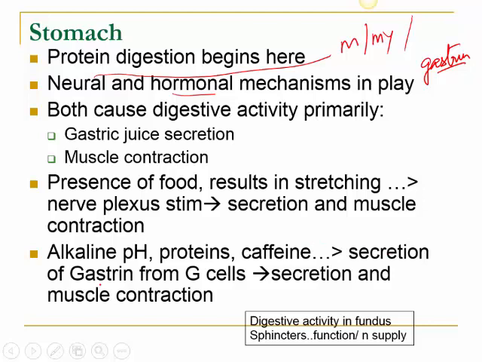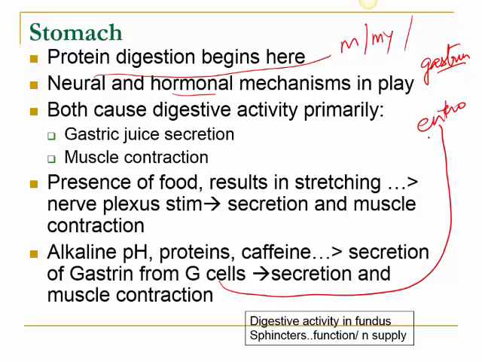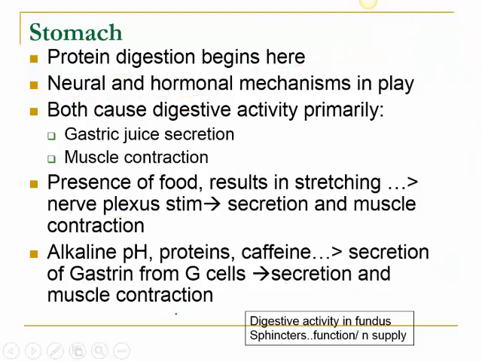These cause secretion of gastrin from G cells, which are those enteroendocrine cells in the epithelium. So here we had nerve plexus, here now we have hormone. So here, neural and hormonal. So next is hormone. These G cells produce gastrin, which also causes secretion and muscle contraction, which is digestive activity.